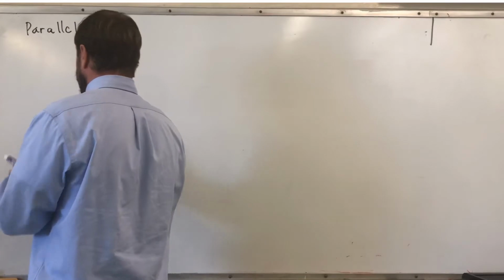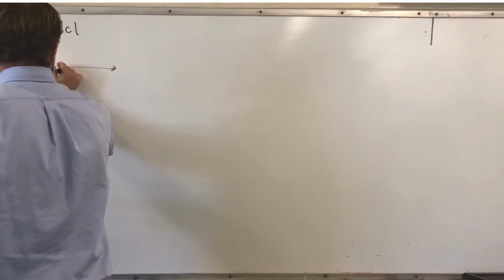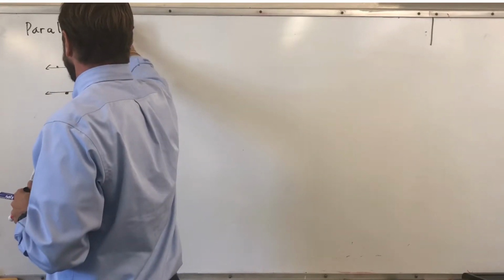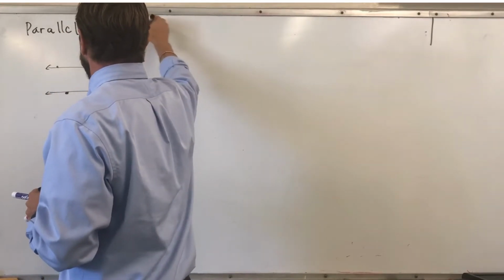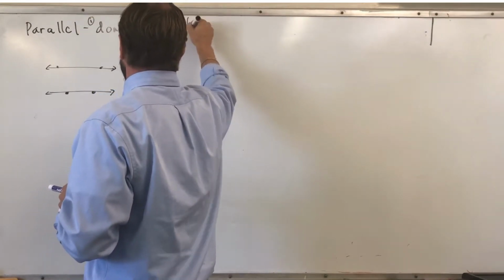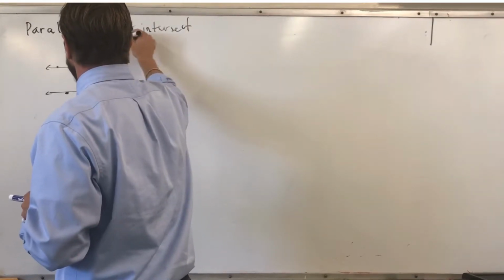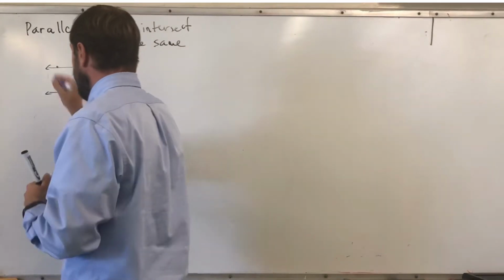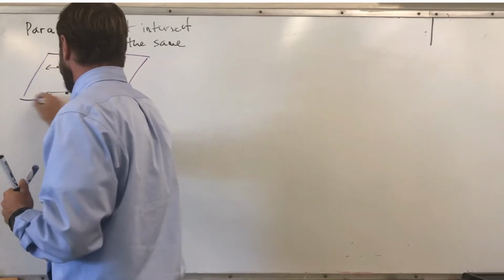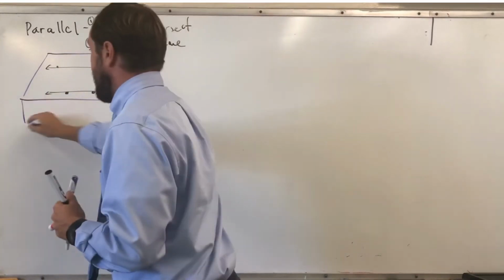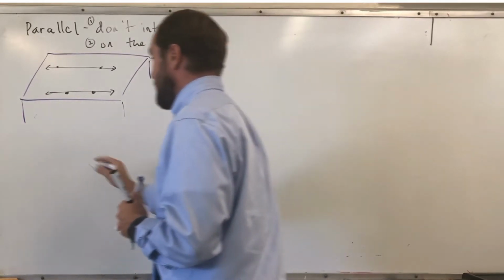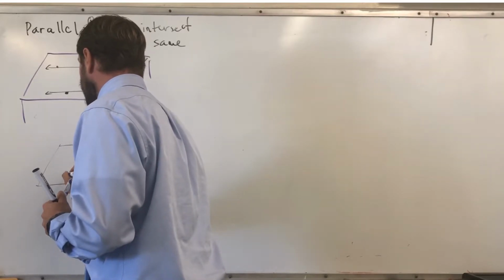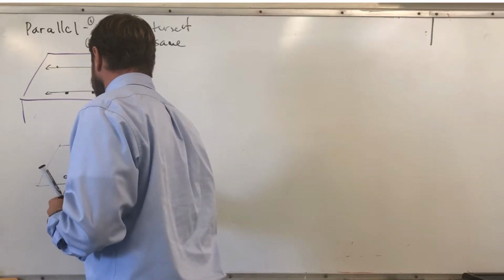So parallel talks about 2 lines that don't intersect, but the key is, 1, they don't intersect, and 2, they're on the same plane. That's important. They're on the same plane. So meaning, if I want something to be parallel, it needs to be on the same surface. Maybe it needs to be on a desk. Maybe I have 2 receivers on a football field running a similar route.